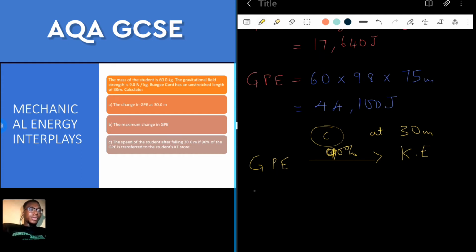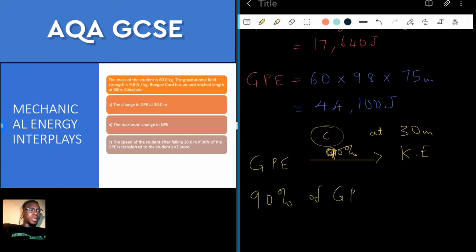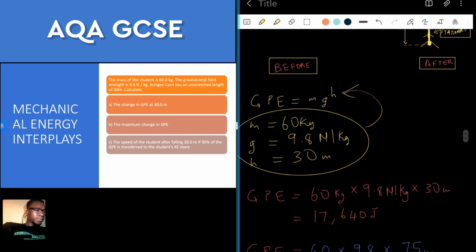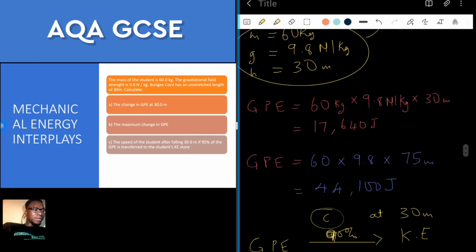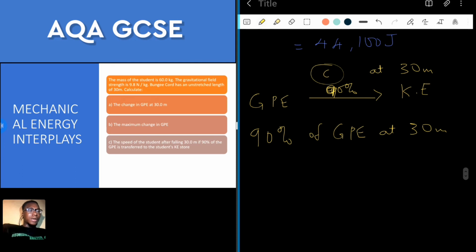All right, so we just do 90% of GPE at 30 meters. That's all we need. So what's the GPE at 30 meters? Well, let's check. We've got 17,640 joules. So that would be 90% of 17,640 joules.